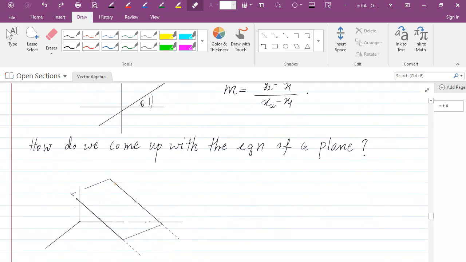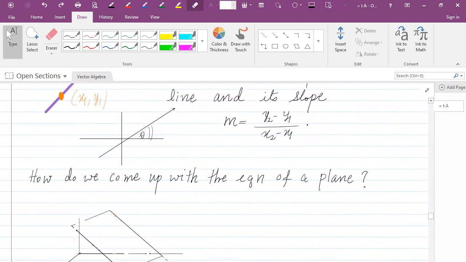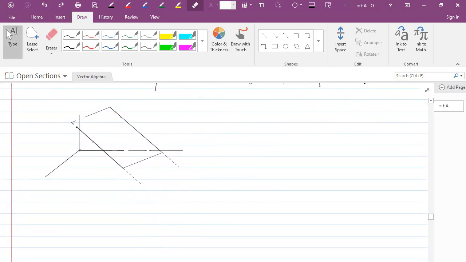First of all, in dimension 2, the slope of the line is measuring the steepness of the line with respect to the positive x-axis. The problem is, if we are measuring some sort of steepness of the plane, steepness with respect to what? With respect to the xy plane, the yz plane, or the xz plane?